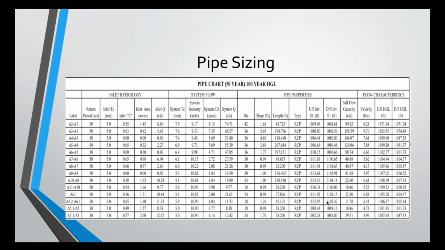Using Excel, we calculate the area and runoff coefficient for each inlet. After that, it was imported into HSS to calculate pipe size. Finally, the pipe network is designed for a 50-year storm and a 100-year hydraulic grade line.